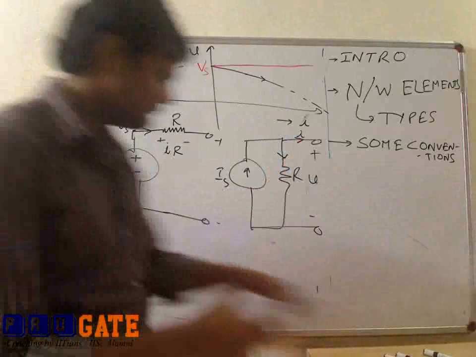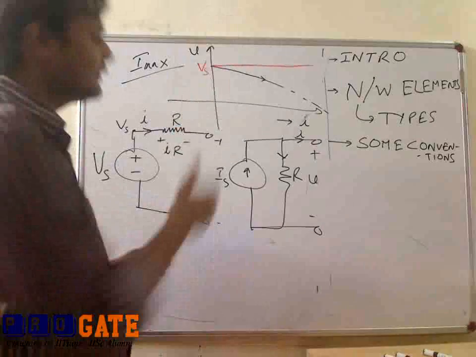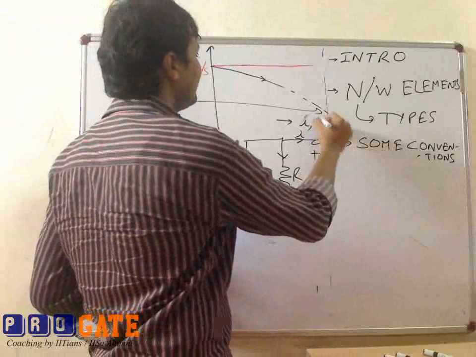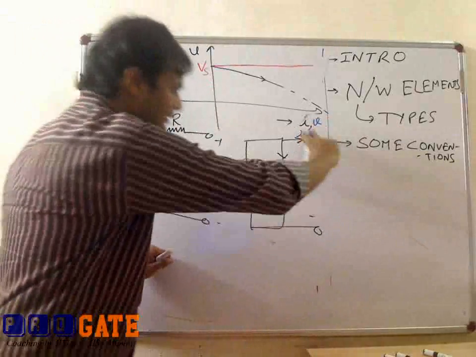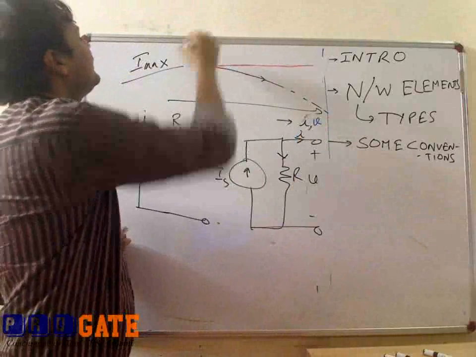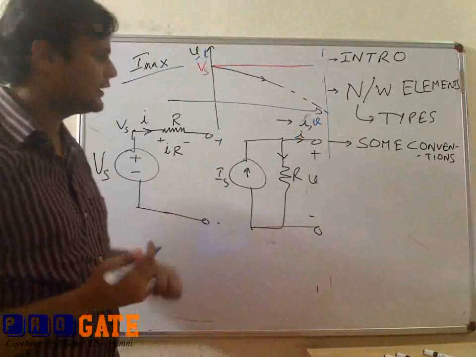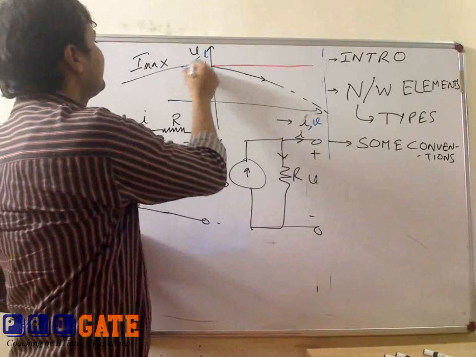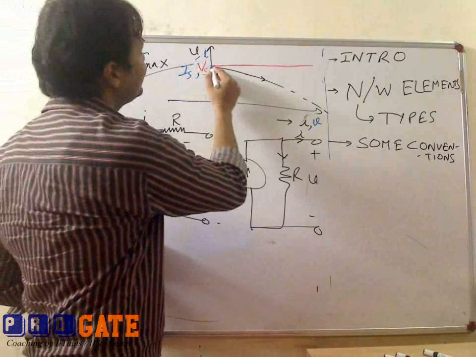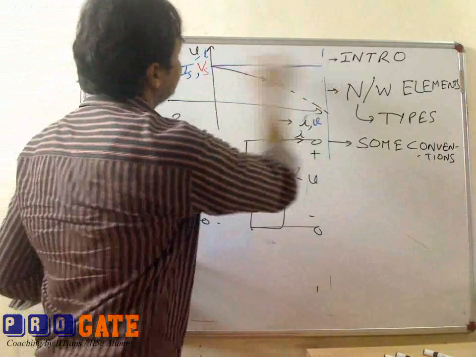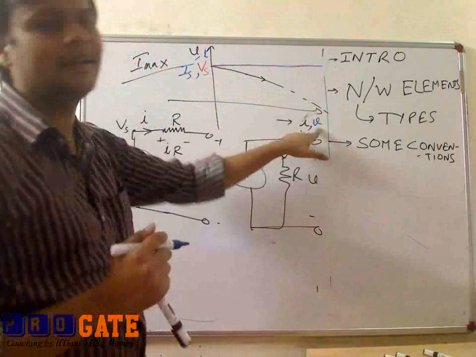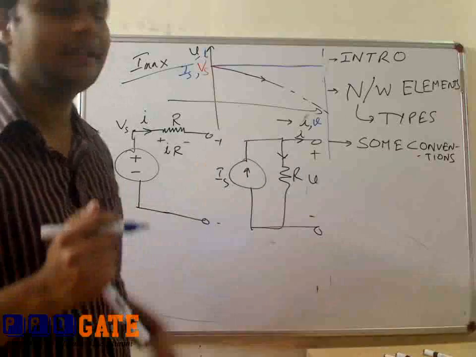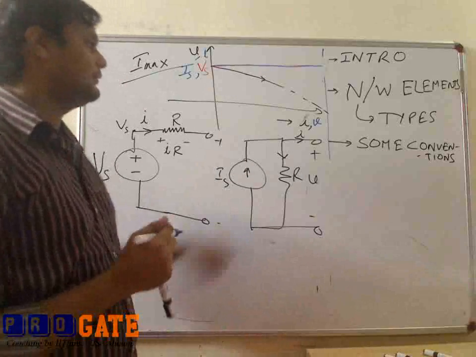So for current source, I am drawing the same plot. So if this is, let us say, V in horizontal axis, I am taking voltage at the terminals, and the current also in vertical axis, current is also obtained at the terminals. So if the source is ideal, then this current is always constant. Any amount of voltage you can apply around this current source, so that will be the leakage current, and this I will drop.